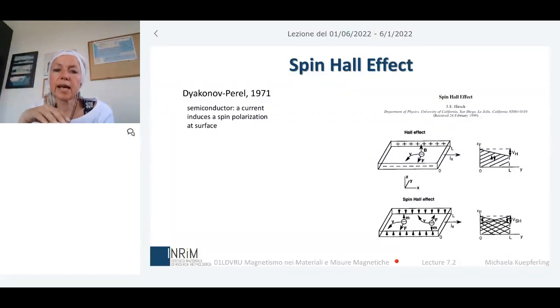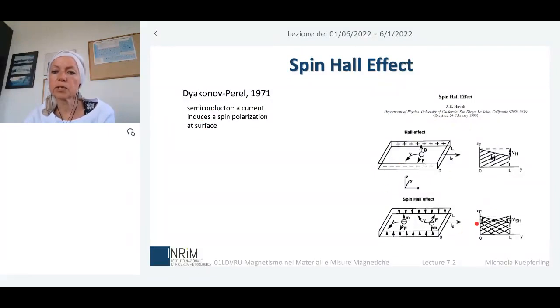nowadays the effect that we use is the spin Hall effect. And I would like to show you quickly what is the spin Hall effect. It's really an important effect in spintronics nowadays. Everything was discovered already by two Russian scientists in 1971, and they found in semiconductors a spin polarization at the surface induced by an electrical current.